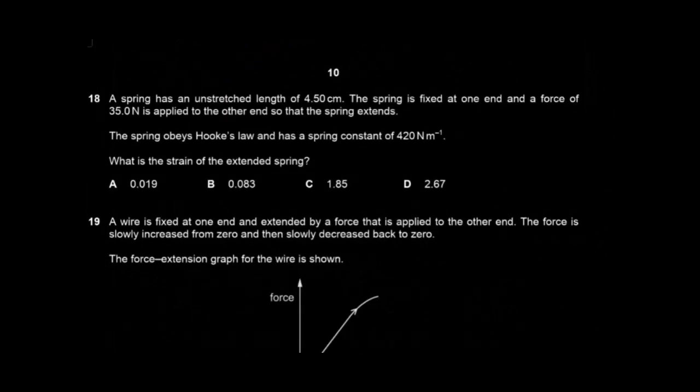A spring has an unstretched length of 4.5 centimeter. The spring is fixed at one end and a force of 30 Newton is applied to the other end, so that the spring extends. The spring obeys Hooke's law and has a spring constant of 420 Newton per meter.